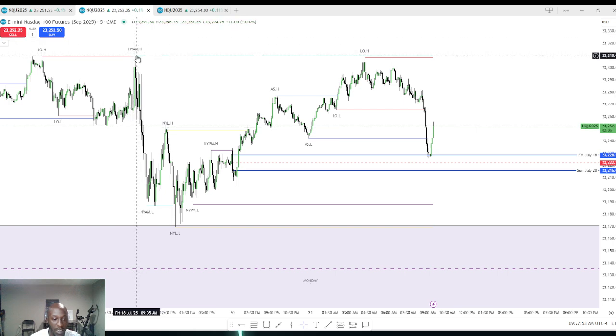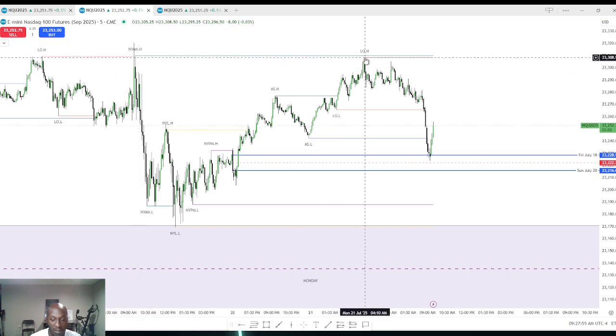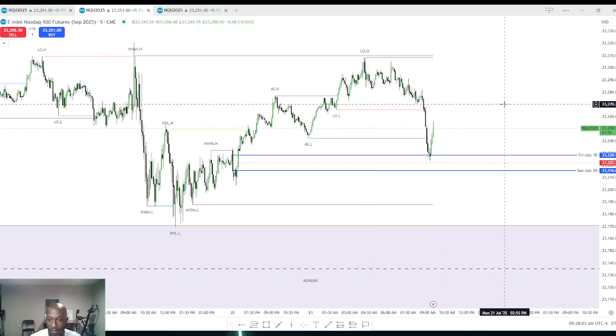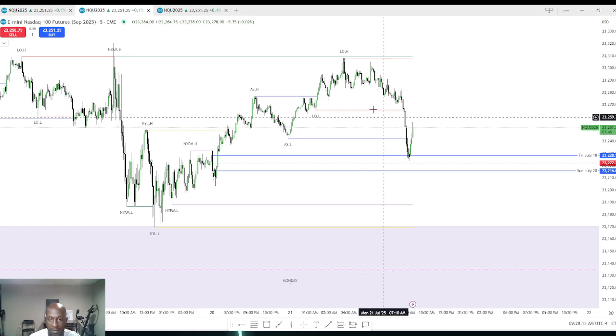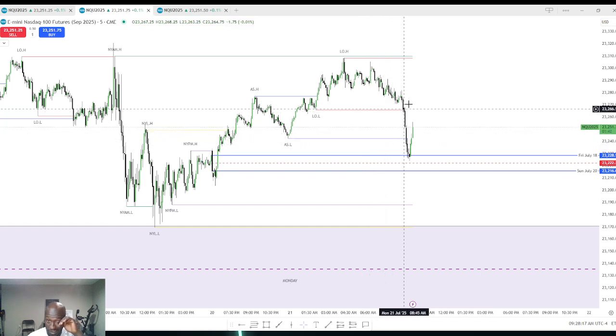The New York AM from Friday has not been ran. And we also have a new London high right above the New York AM high. We just ran the London low as well as the Asian low.